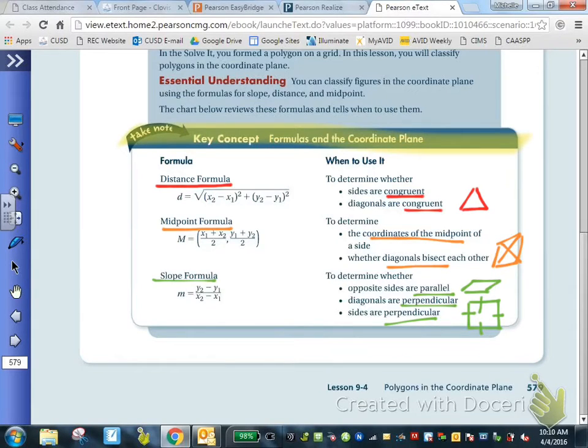But a rhombus also has congruent sides. So what else would we have to do to determine that this is a square? That it has right angles. So you'd have to find the slope of all of the lines, and they should be opposite and what, for perpendicular? You guys remember? Reciprocal. So opposite reciprocal. Let's write that underneath.